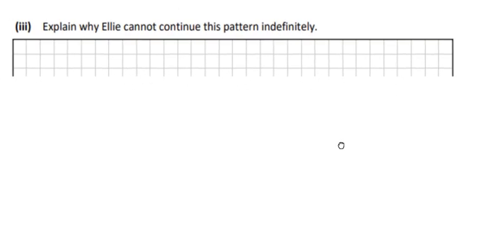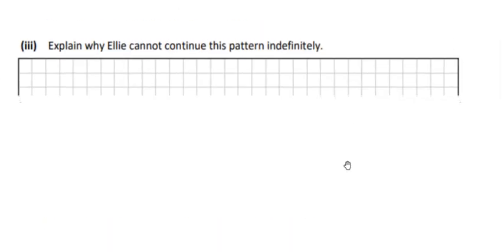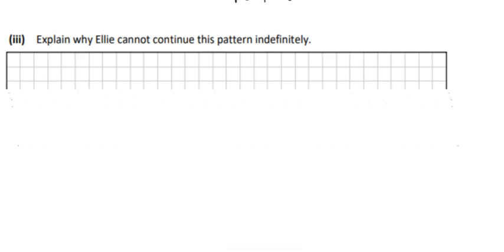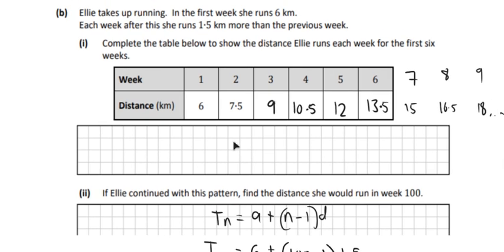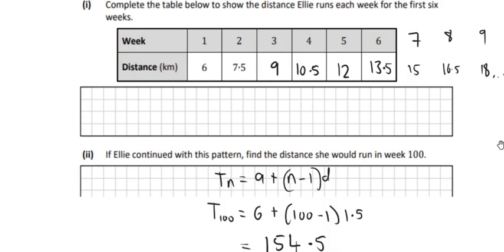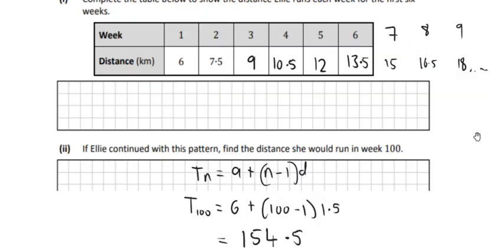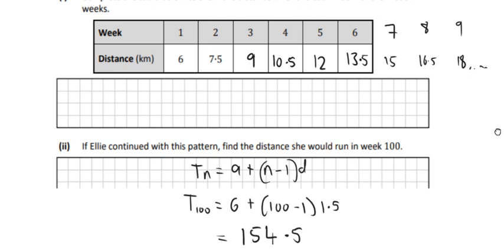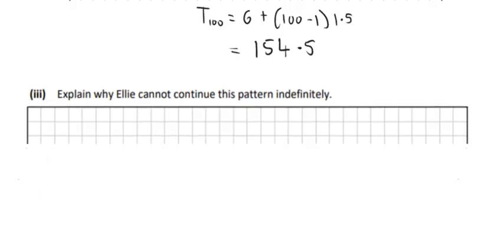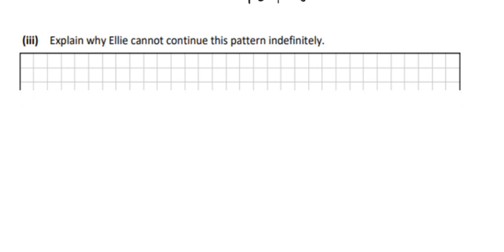Explain why Ellie cannot continue this pattern indefinitely. Right, so what's going on here is that she's running an extra 1.5 kilometers every week, obviously, so it's impossible for somebody to just do that forever. At some stage it's going to be impossible for a human to run that far.